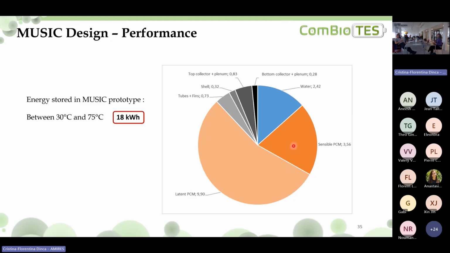So when the PCM melts at, I didn't say that the PCM melts at 70 degrees, but if you calculate just around the 70, the melting point, then all the others will be smaller, right? Yes. Just the latent, it's 10 kilowatt-hour. And you see that if you increase the temperature range, you can have quite a huge amount of energy in sensible. Yes.